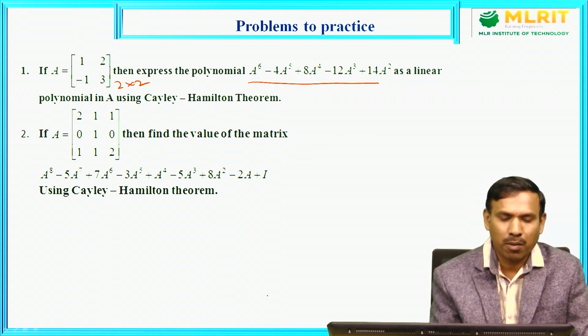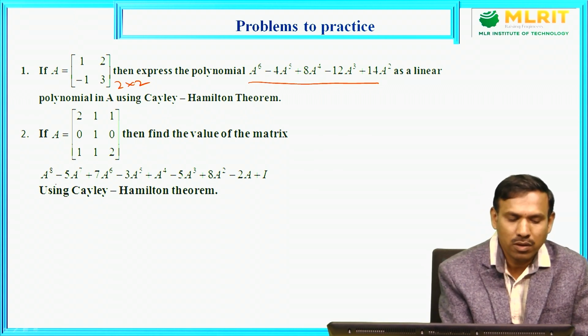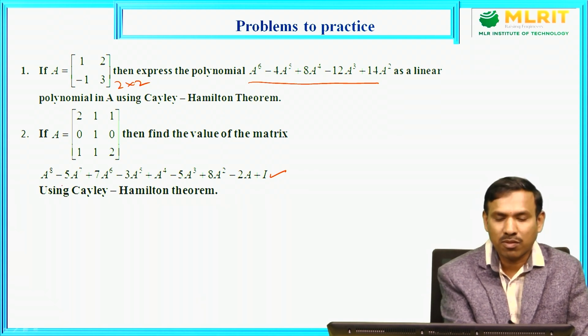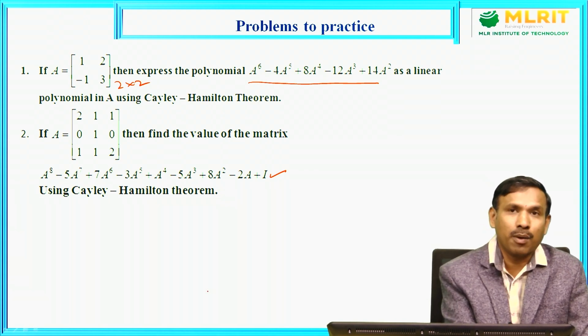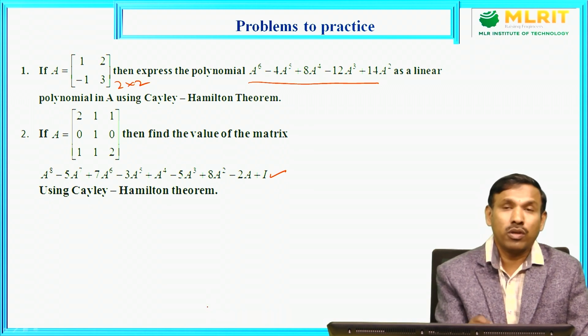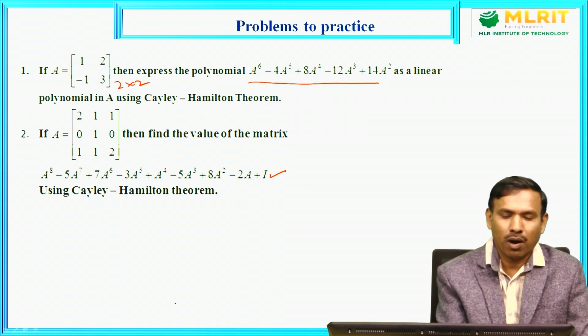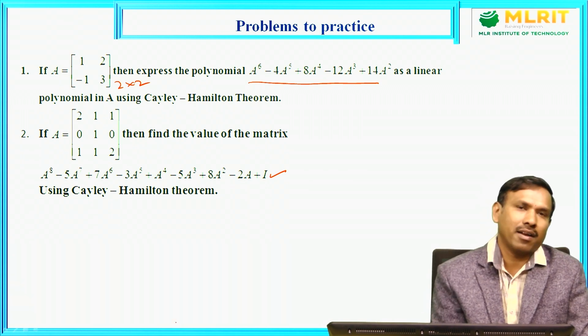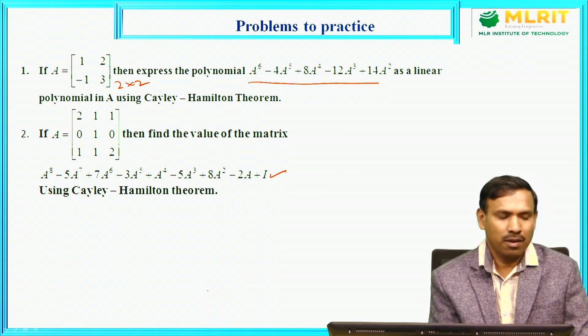And one more polynomial is given, asking to find the value of this big polynomial. Finding A power 8 and all these terms is very typical, but using the Cayley-Hamilton theorem we simply get the higher powers of A and can add directly. The student can practice these two problems.